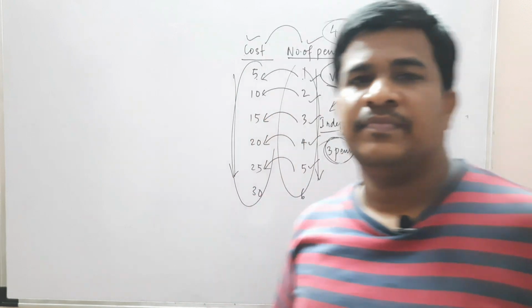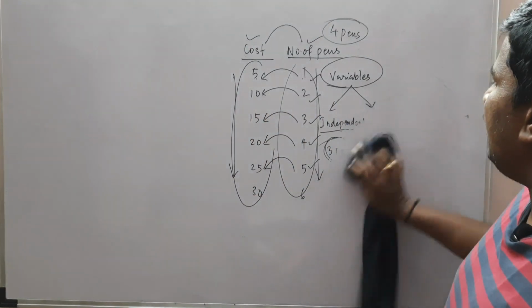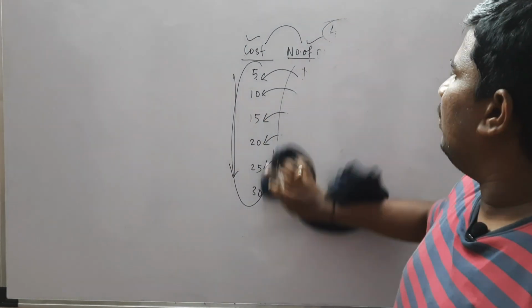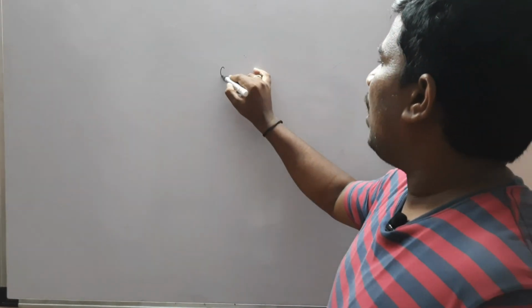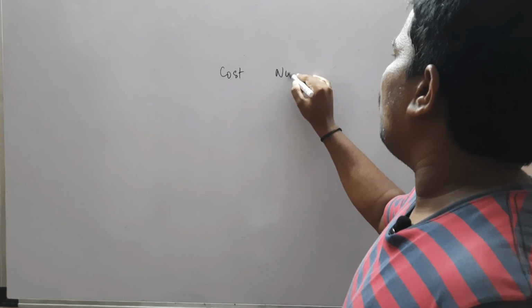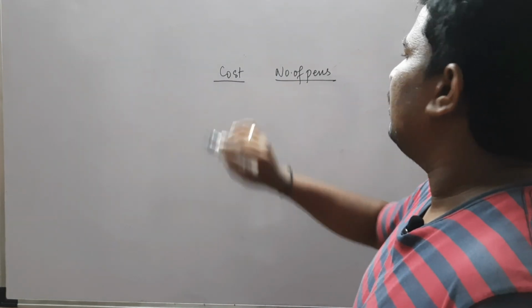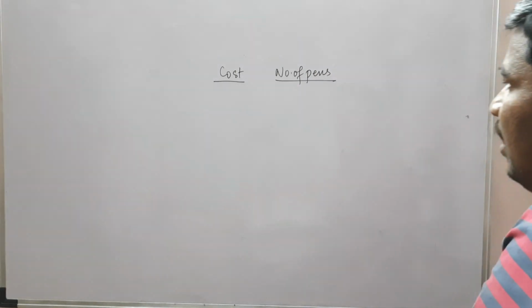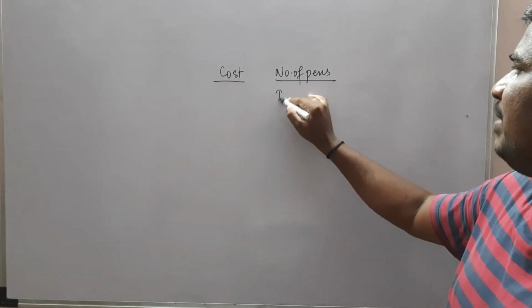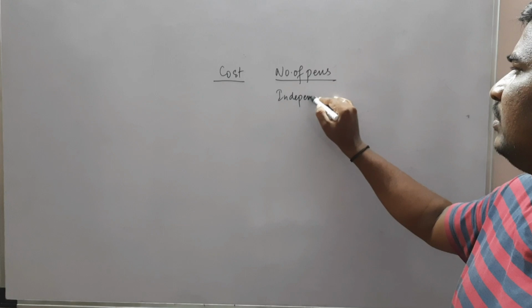pens. So here in this particular example, the cost and number of pens example, what is the independent variable, what is the dependent variable? We must know. Okay. So here the number of pens will be the independent variable.